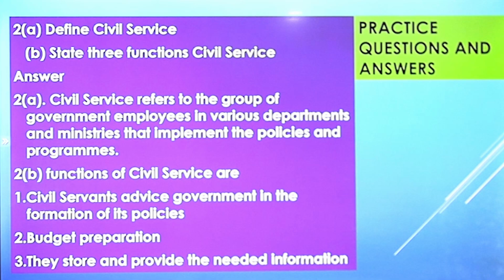And the second question says, 2A, define civil service. 2B, state 3 functions of the civil service. The answer to 2A is, civil service refers to the group of government employees in various departments and ministries that implement the policies and programs of the government.